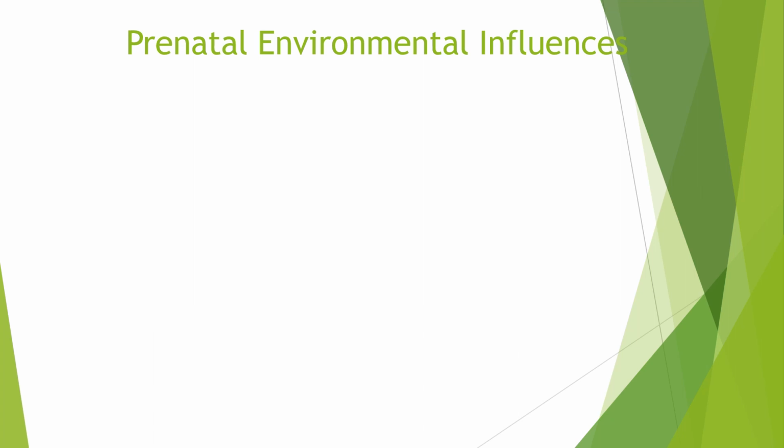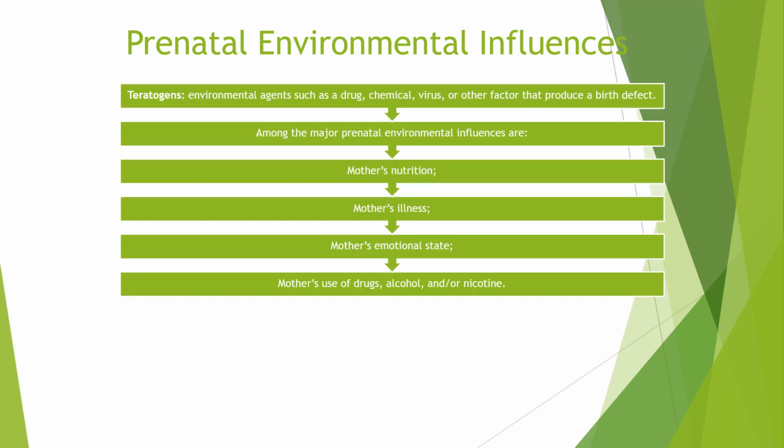Now, the next slide is going to look at prenatal environmental influences. The one thing we're going to look at is teratogens. Teratogens are environmental agents such as drugs or chemicals, a virus, or another factor that produces some sort of birth defect.